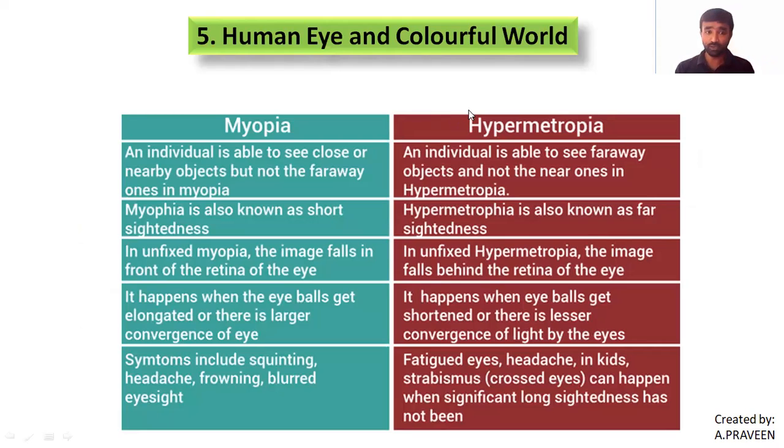Myopia is also called short-sightedness or nearsightedness. Hypermetropia is far-sightedness. Right? So to correct this defect, we are using a lens. Here, where you are expecting the image, is it before the retina or beyond the retina? The diagram we have already drawn.